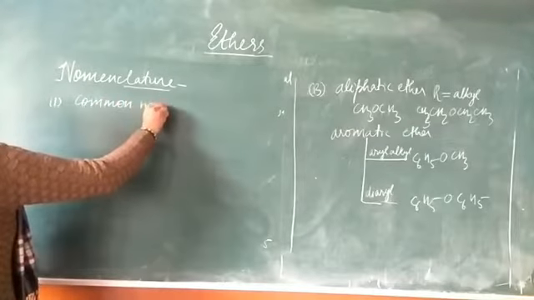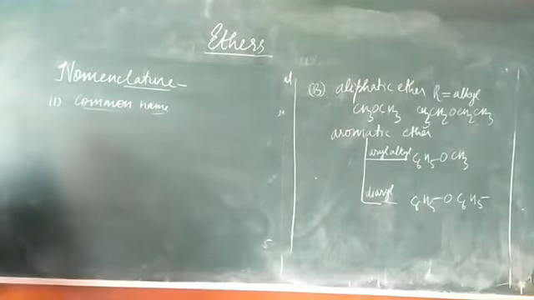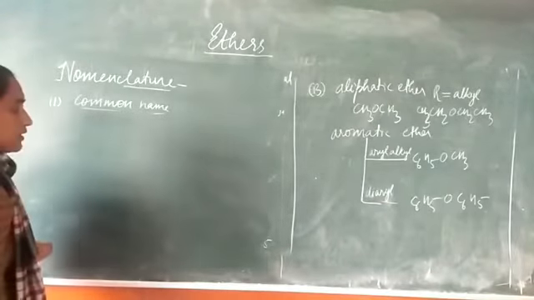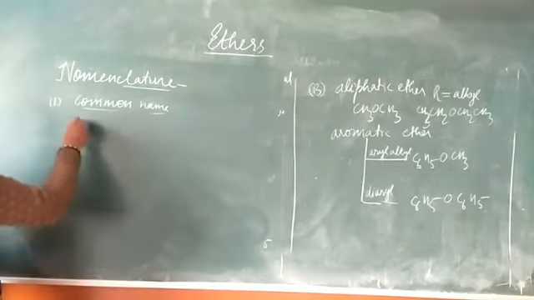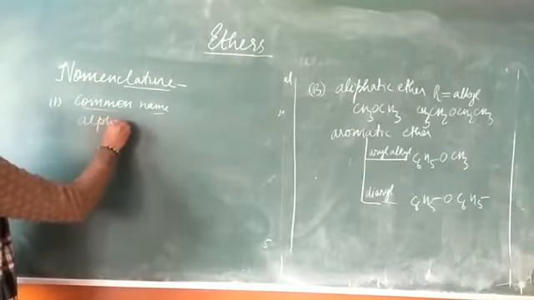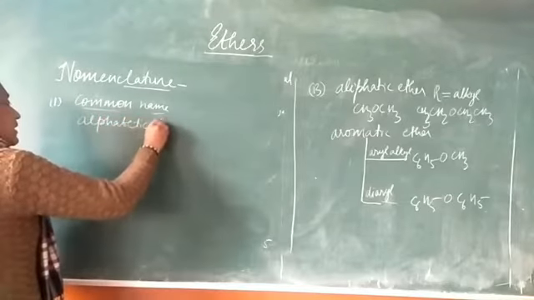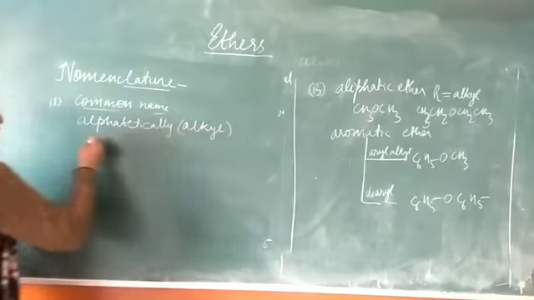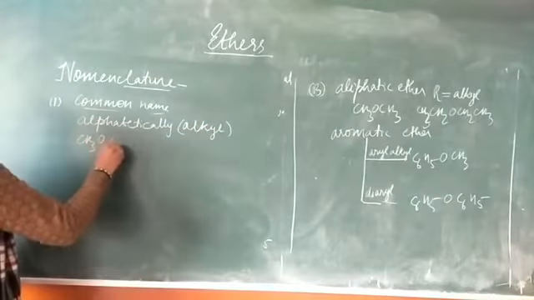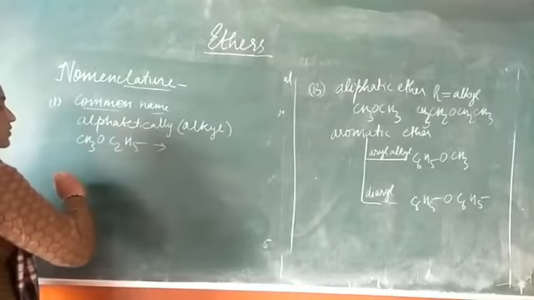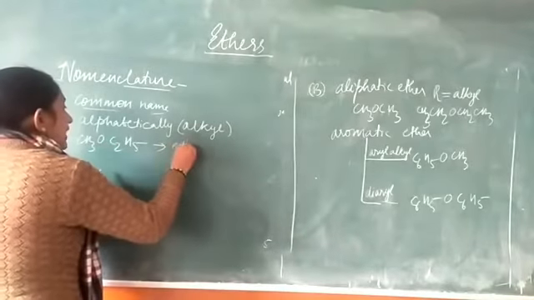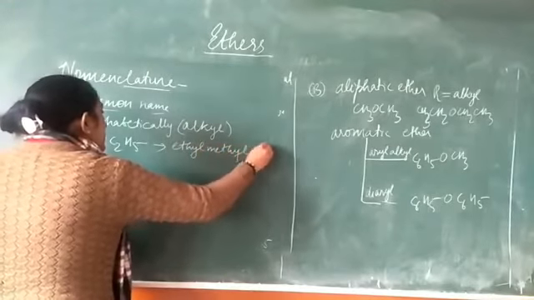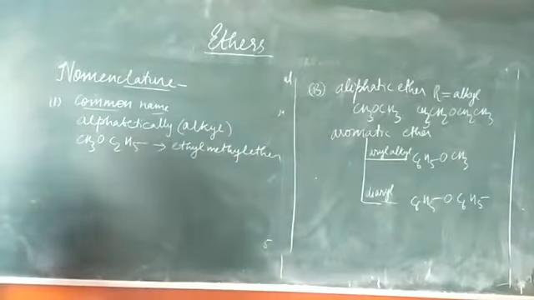When we name the ether, because here we have two alkyl groups together, we will name them alphabetically, right? For example, if we have CH3OC2H5, it is going to be named as ethyl methyl ether, right? This is the common name of it.